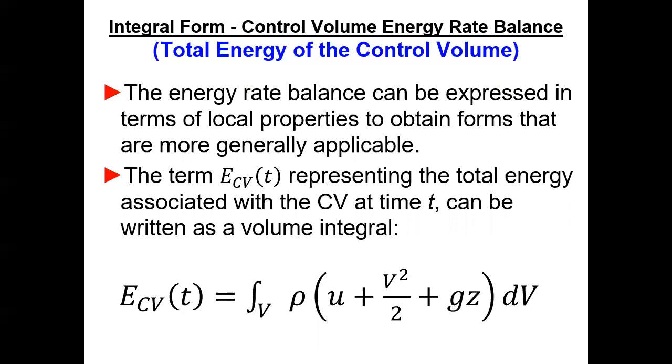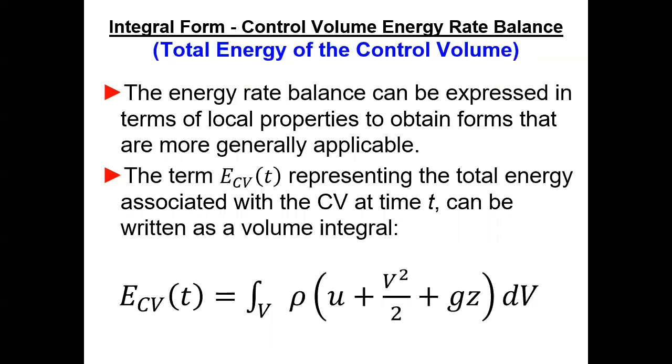So we've got internal energy, potential energy, and kinetic energy. And so on the u term, that's the one we're most used to looking up. So that is like kilojoules per kilogram. And then the volume is what? Meters cubed. And then the density is what?